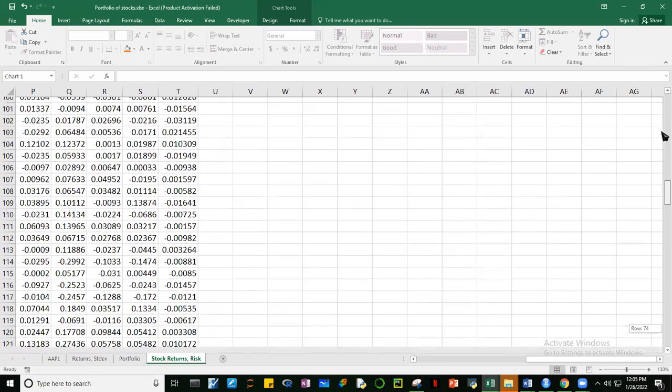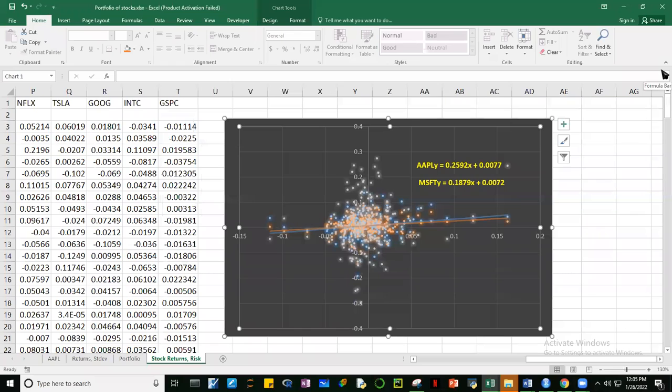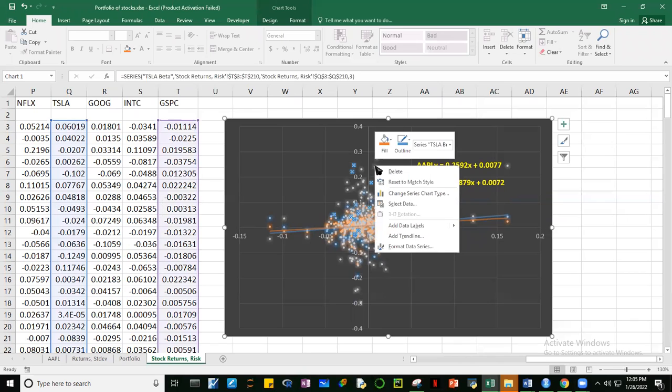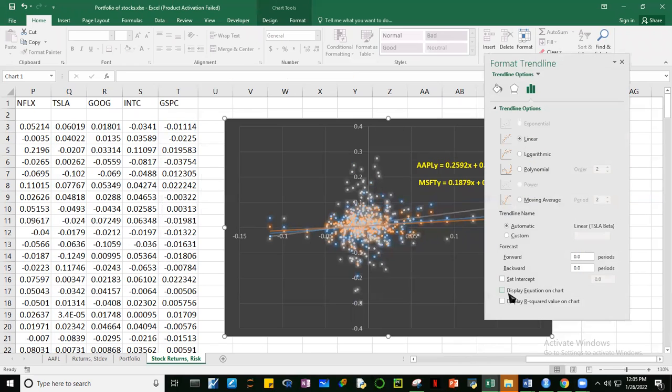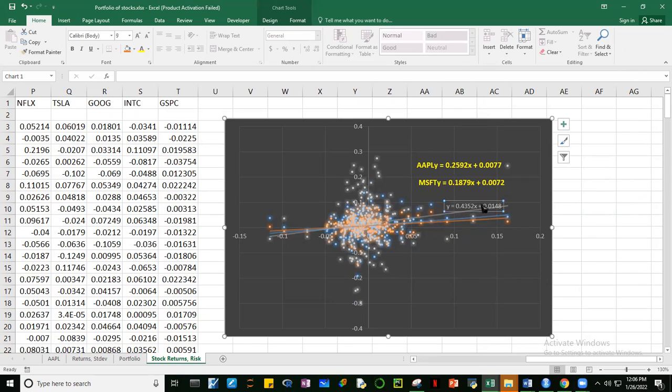Okay. Yan, ano siya? Itong parang light blue. Right-click natin, add trend line, display equation on chart. Okay, then there. This is the slope.